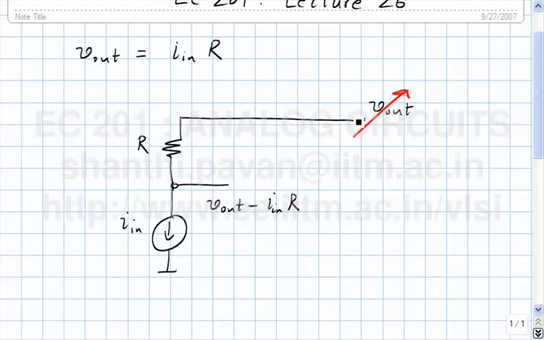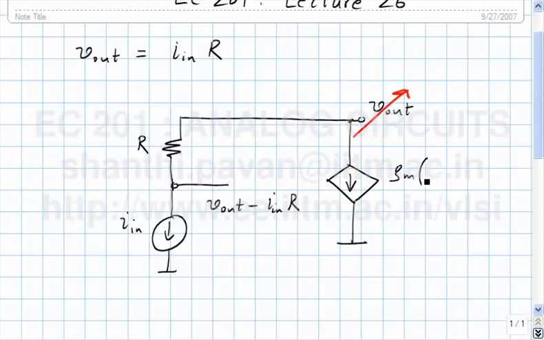The only way I have of making V out go down is to yank current out of the node. So in other words, if I had a variable current source, then if V out minus In R was greater than 0, then I should pull current out of the node V out.